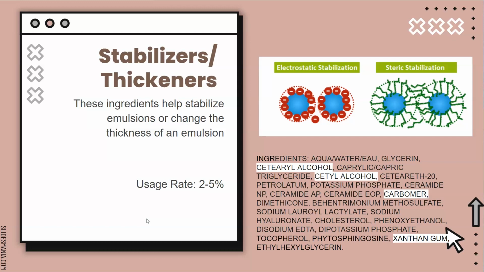Since like repel and opposites attract, if you have two micelles that have negative charge all over their structure, then they would repel each other. Our goal in stabilization is to prevent these two micelles from combining and merging together and coalescing. So if you have negatively charged particles outside of these two emulsion micelles, then they would repel each other.